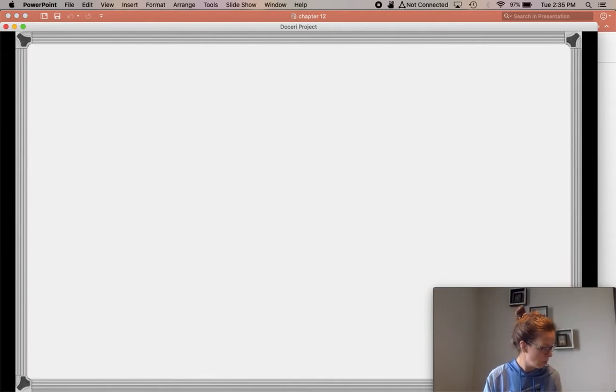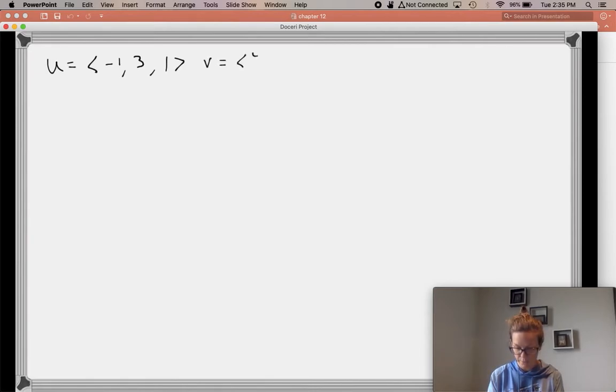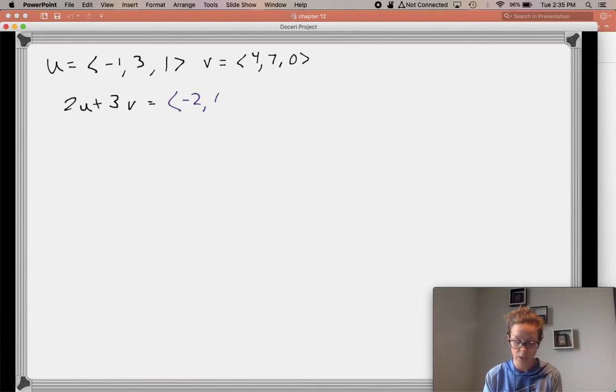Okay, so then we'll switch over and look at how to do some component-wise addition and subtraction with vectors. Let's say that vector u is -1, 3, 1, and vector v is 4, 7, 0. If I wanted to find 2u plus 3v, I'm going to take vector u and double each part, distributing the 2 through.